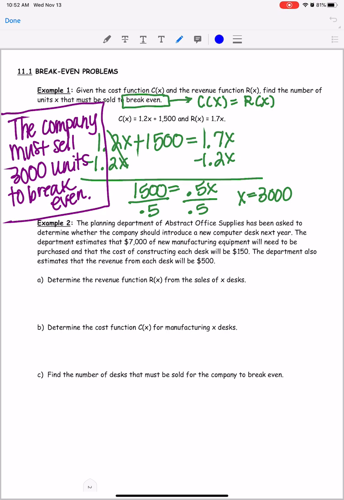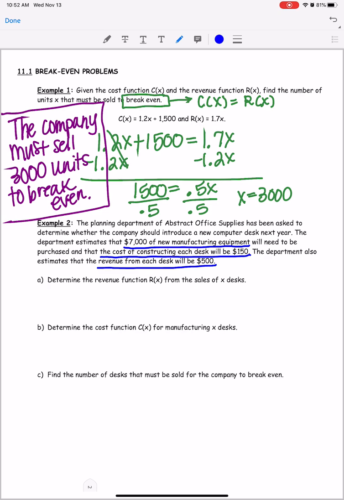The department estimates that $7,000 of new manufacturing equipment will need to be purchased, and that the cost of constructing each desk will be $150. The department also estimates that the revenue from each desk will be $500.